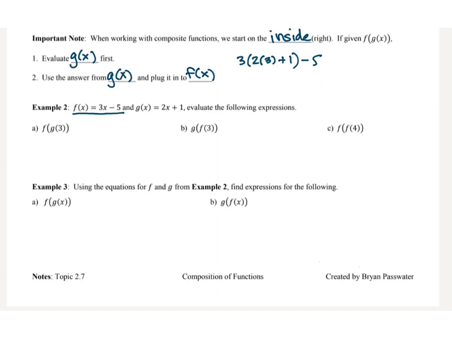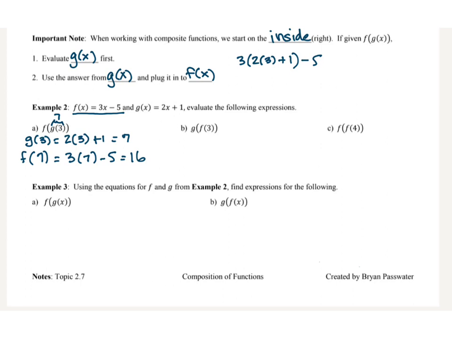I would prefer that we work from the inside out and say, okay, let's find g of 3 first. G of 3 is going to be 2 times 3 plus 1, which is 7. So now we'll replace g of 3 with 7, and we're looking for f of 7, which is going to be 3 times 7 minus 5. 21 minus 5 is 16.